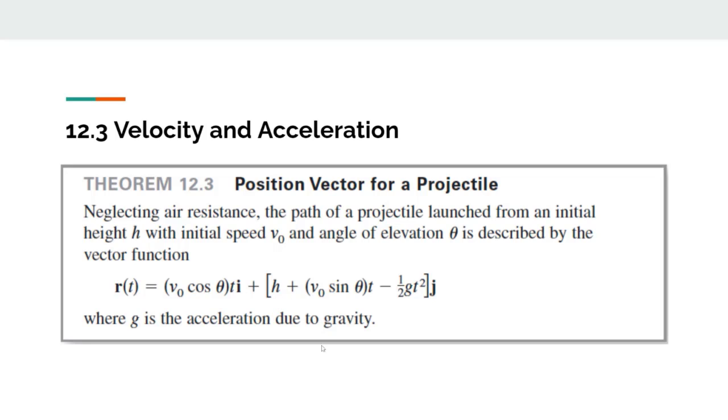So this is a very simple differential equation for acceleration: the second derivative of position equals negative g. And then this is an even simpler differential equation. This is a sub x, or you could call that x double prime of t equals 0, because there's no acceleration in the x.